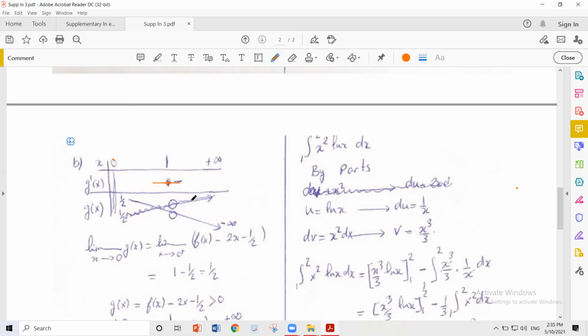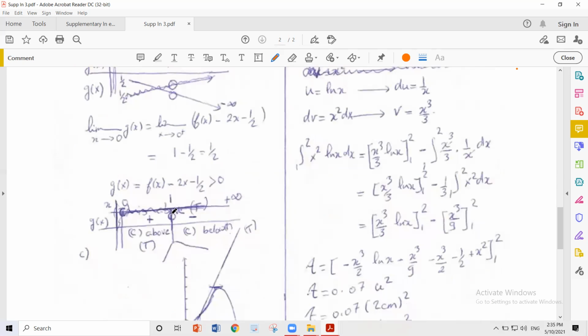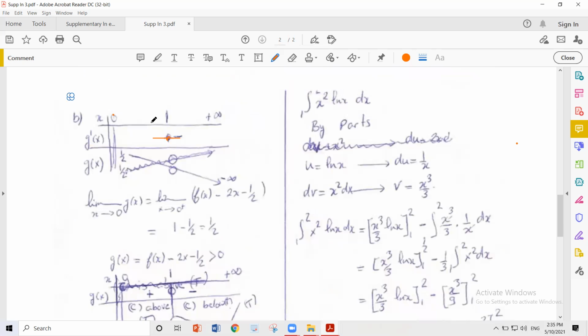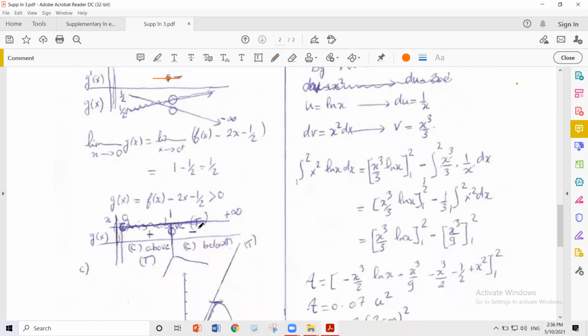So at 1 it is 0. Between 0 and 1, g is decreasing from half to 0, and it is positive. Between 1 and plus infinity, g is decreasing from 0 to minus infinity, and gx is negative.